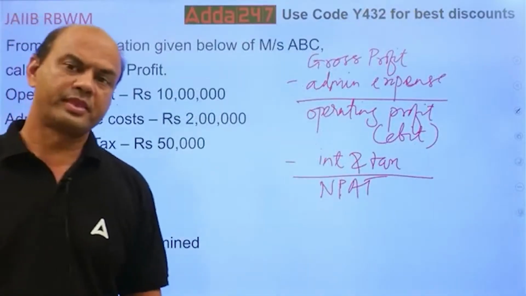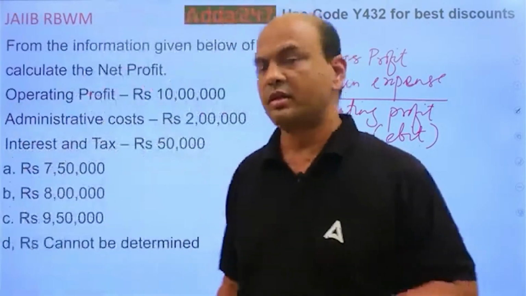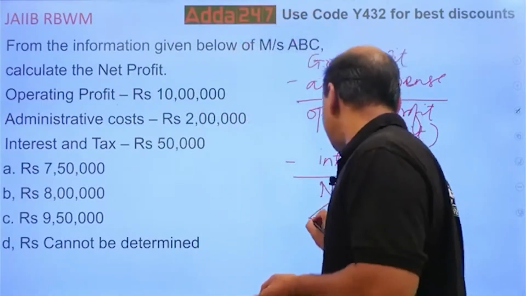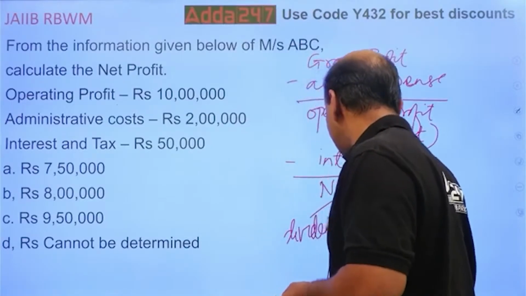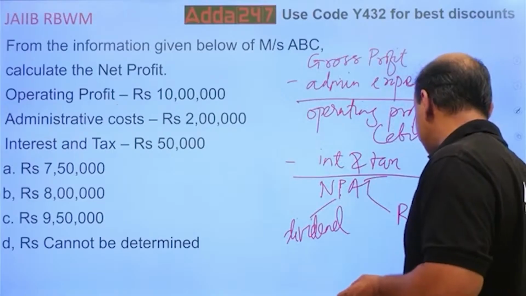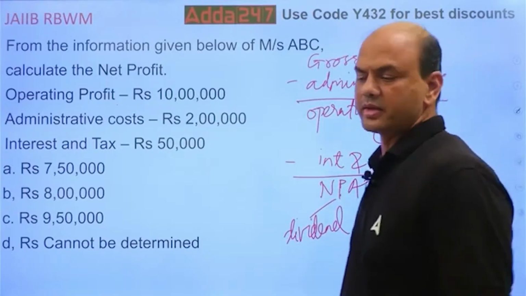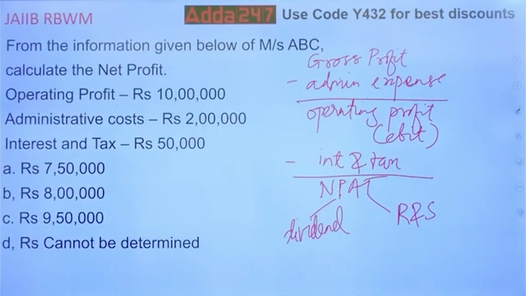And this NPAT will be either given as a dividend, or it will be kept as R&S, reserves and surplus. Got it? So now what is the answer? I have given you the formula.